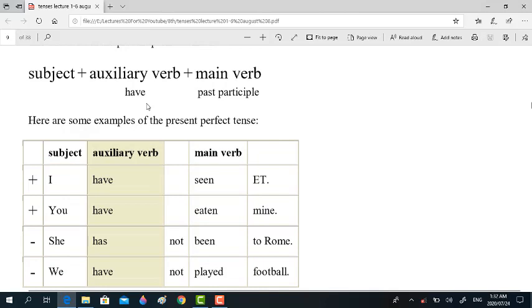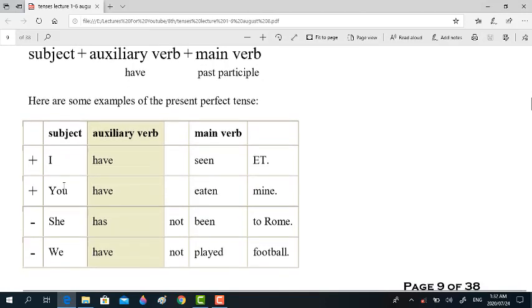Third person singular takes has, whereas first person singular, that is I, and all the other plural forms take have. Okay, let's have these examples.